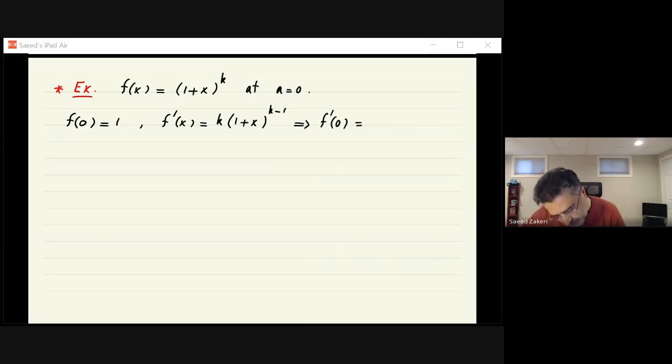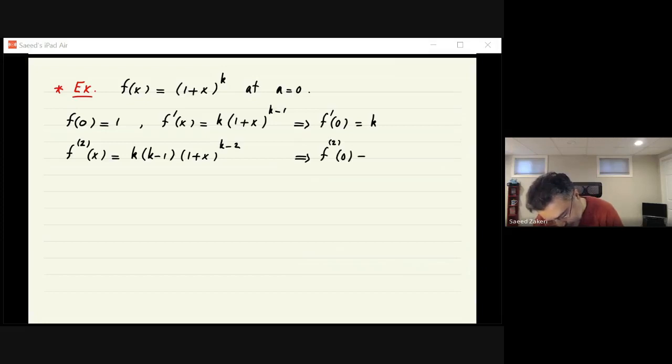If you evaluate this derivative at 0, you get k. Let's take one more derivative, the second derivative, f double prime, which is k times (k minus 1) times (1 plus x) to the power k minus 2. So the second derivative at the origin would be k times (k minus 1).